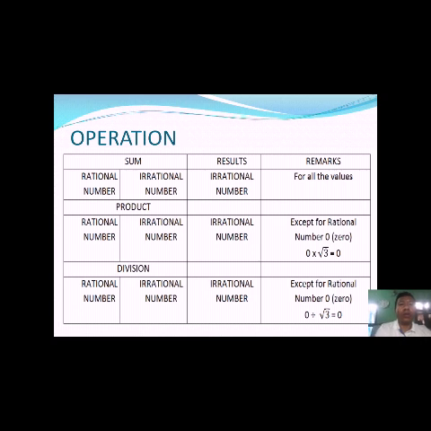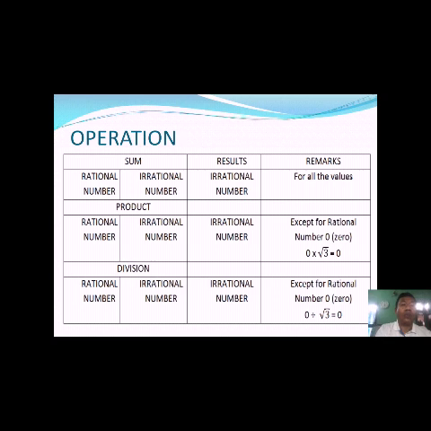Operations on rational numbers and irrational numbers. When a rational number is added to an irrational number, the result is always an irrational number. When a rational number is multiplied with an irrational number, the result is always an irrational number, except for the rational number 0.